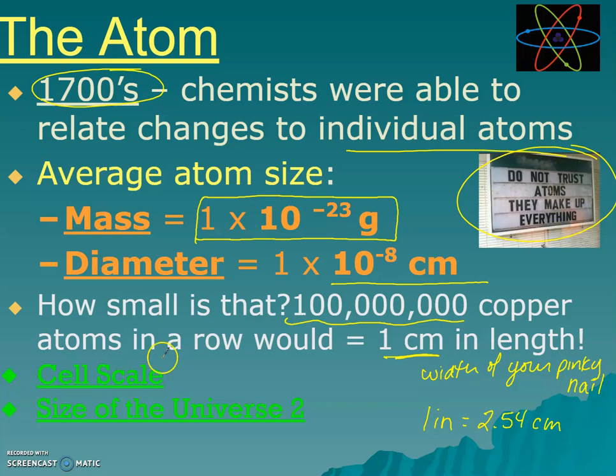In class, and linked on my website and in this Google slide, are the Cell Scale and the Size of the Universe, which are two really cool websites where you can zoom in.